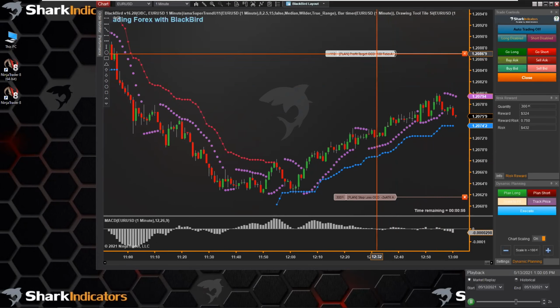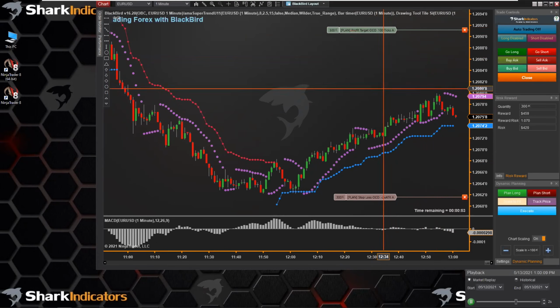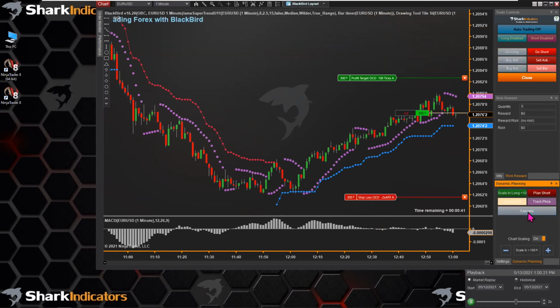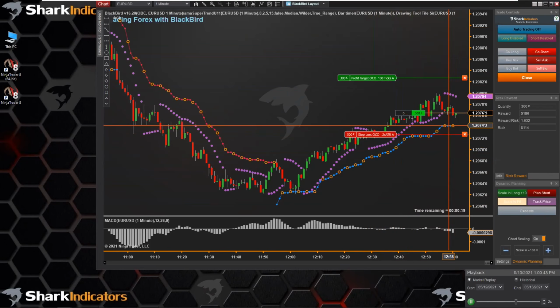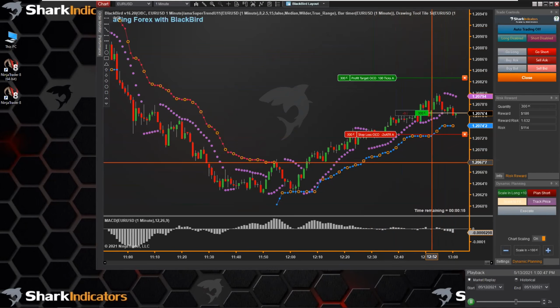That allows you to go in there and pre-plan your trade, and then as soon as you're ready, just hit the execute button, and then it goes live, right? And of course, I've got trailing rules in place, so my stop loss just immediately jumped up to the SuperTrend indicator there.